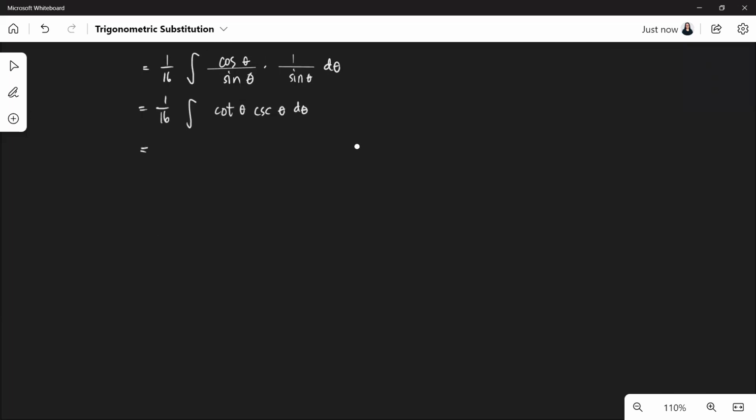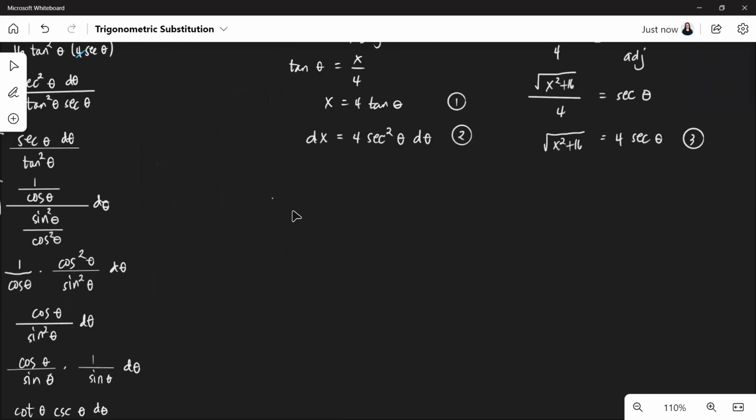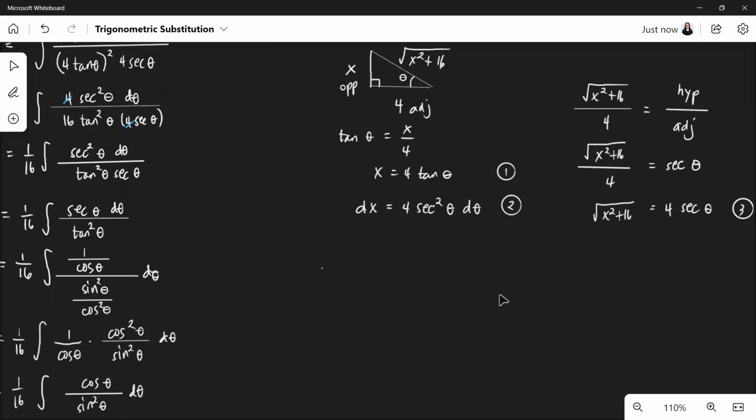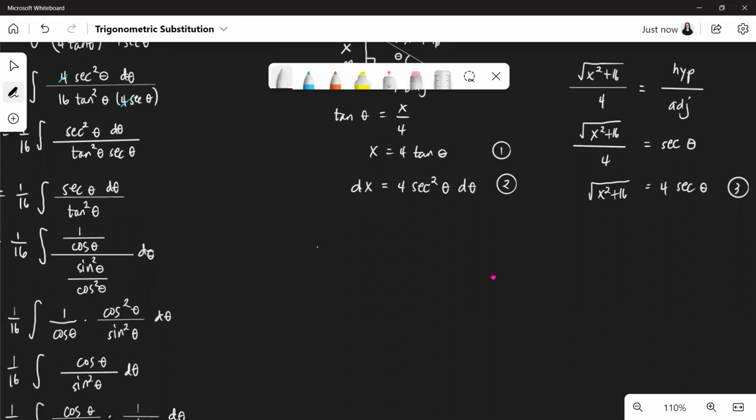So this is equal to 1 over 16 times negative cosecant theta plus c. So don't forget to restore the original variable. So cosecant theta, cosecant is the reciprocal of sine. So it's hypotenuse over opposite.